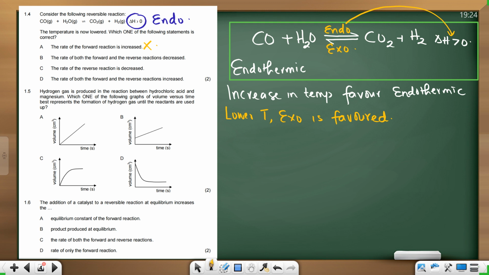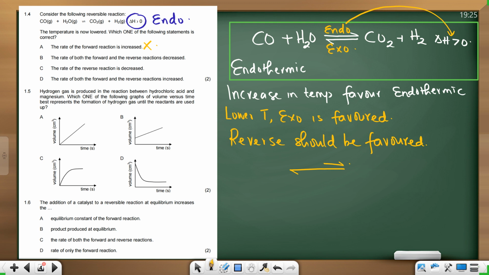Which one is favored, guys? Our reverse reaction should be favored. That's one thing we know. Let's write something here. We know that reverse should be favored. Okay, what does that mean when we say reverse should be favored? It means that we should have an arrow that looks like this.